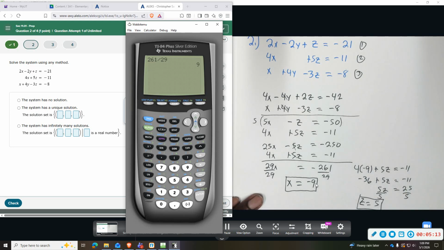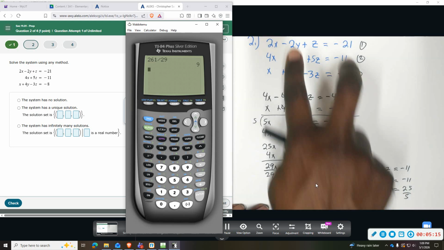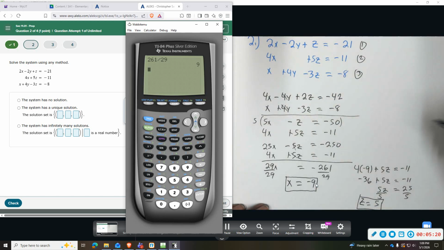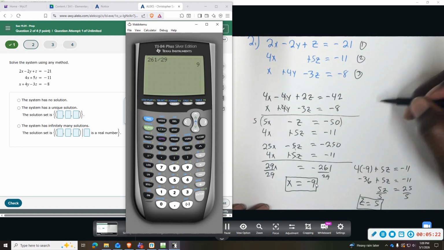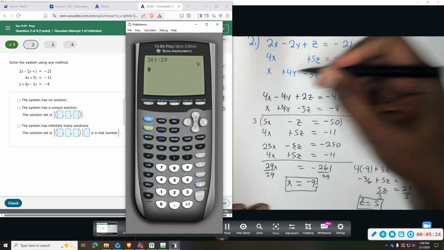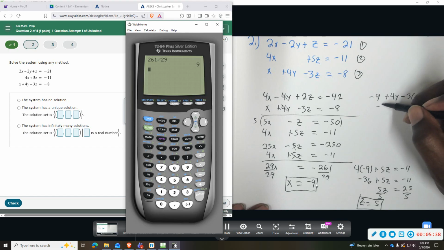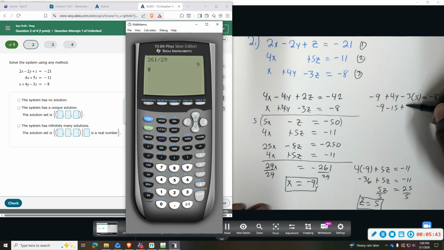Okay, so once I have these two, I can now go back and plug into either one of these. I'll do this third equation since it has some smaller numbers. So I'm going to plug in a negative 9 for x plus 4y. We don't know y yet. Minus 3 times z, which was 5, is going to be equal to negative 8. And so we get negative 9 minus 15 plus 4y equals negative 8.